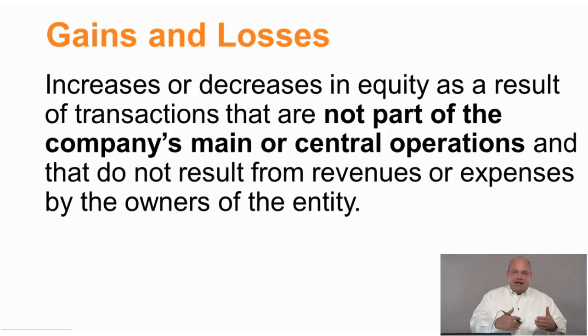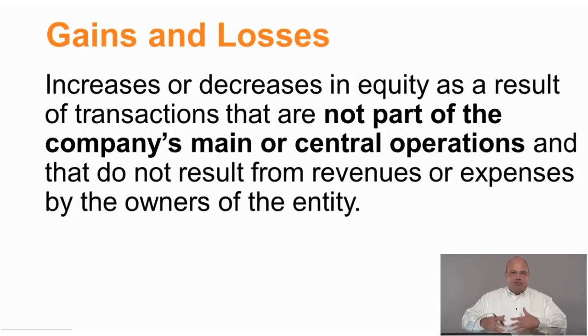Well, that sale of that piece of equipment is going to be recorded as a gain instead of a revenue and expense because their main operation is not to sell used equipment. Their main operation is to make toys and sell them. As a result of doing that, occasionally a machine is old and is sold. So revenues and expenses are from the main or central operations of the company.